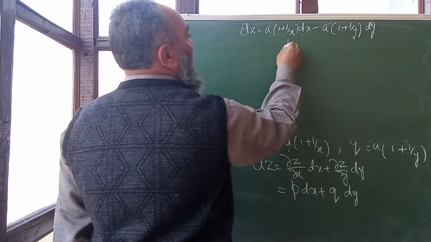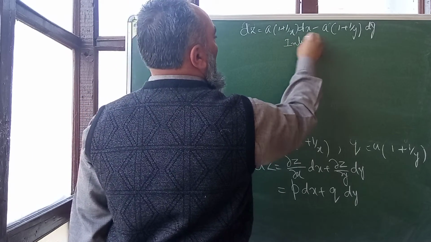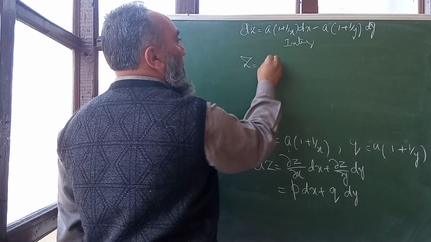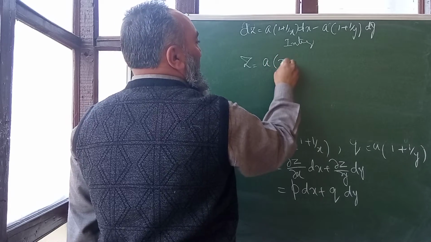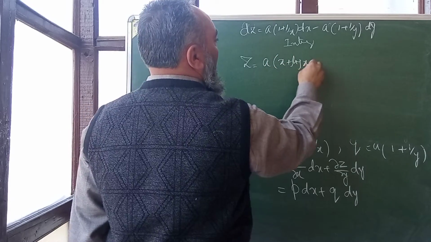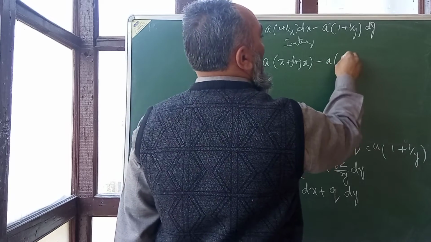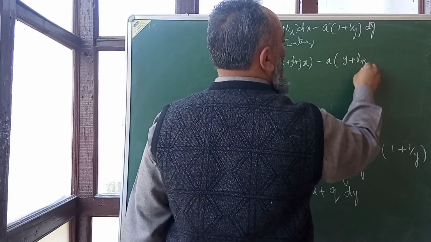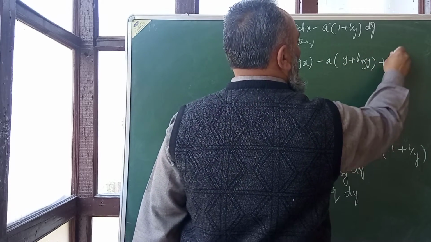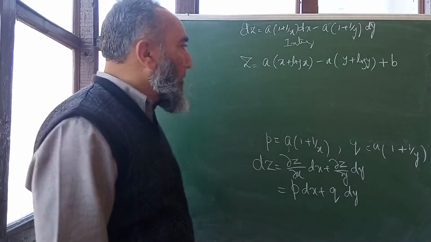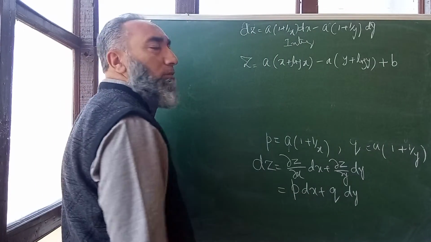Now let me integrate. I have z = a(x + log x) minus a(y + log y) plus some constant of integration, say b. So this is the solution.